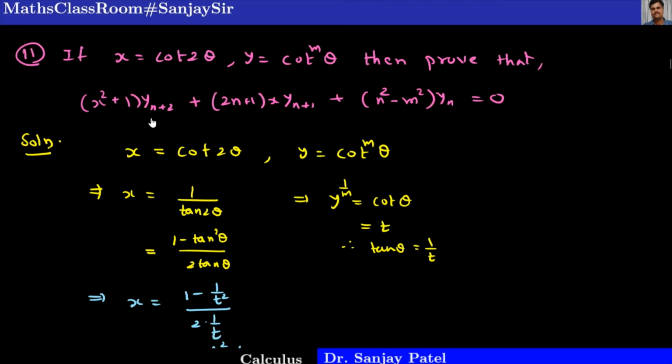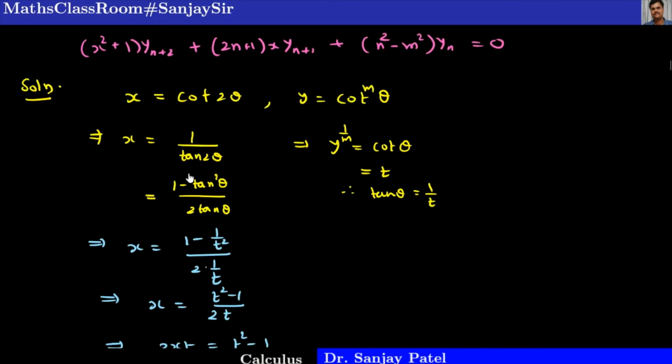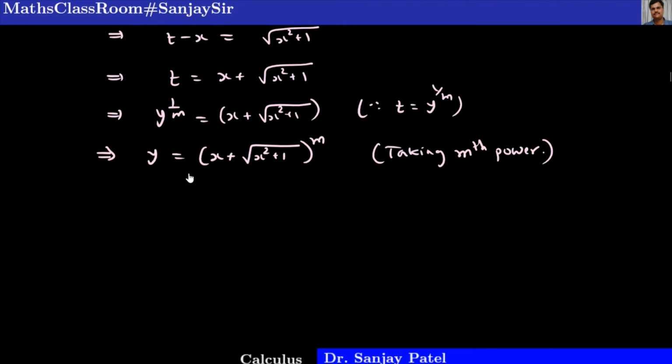To find the nth derivative of this function, we get x square plus 1 into yn plus 2 plus 2n plus 1 times x into yn plus 1 and so on. So I can write directly, this is same as the problem number 9.